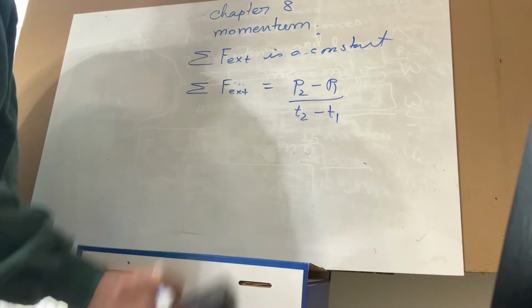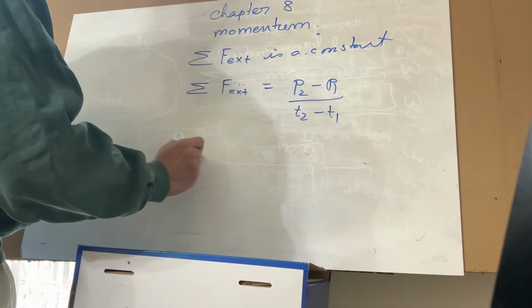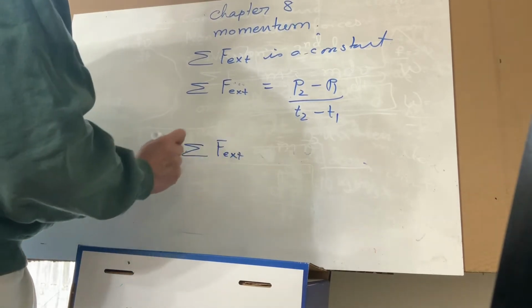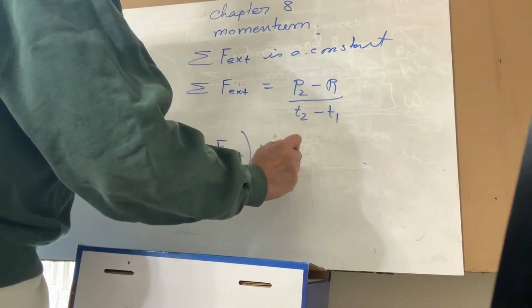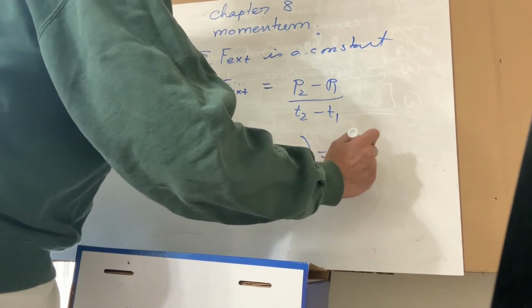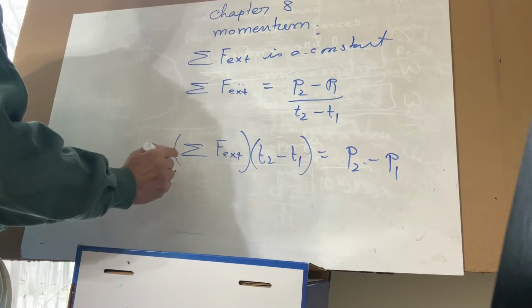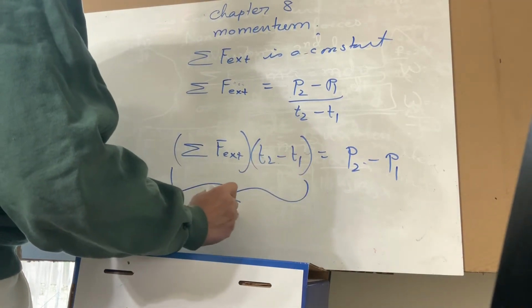If I multiply both sides by T2 minus T1, I can write this as the sum of external forces times T2 minus T1 is equal to the change in momentum, P2 minus P1. I'm going to call this quantity impulse.